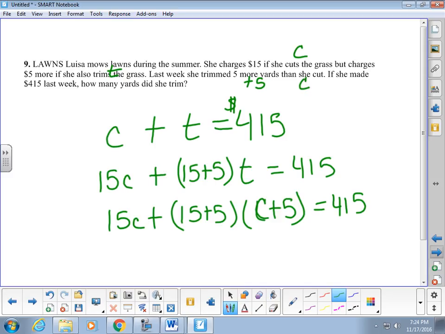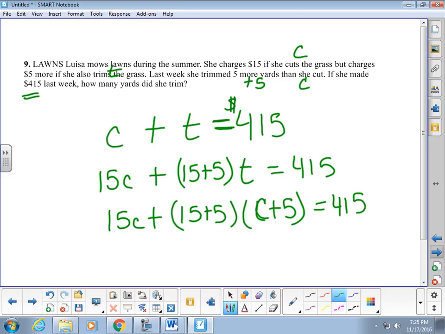All right? If she made $415 last week, so this is my equal. How many yards did she trim? All right. So I started with C to represent the cuts and T to represent the trims. And I know that cuts plus trims equals $415 for the week.